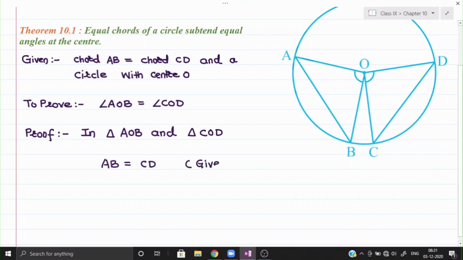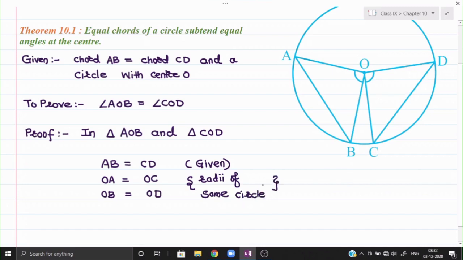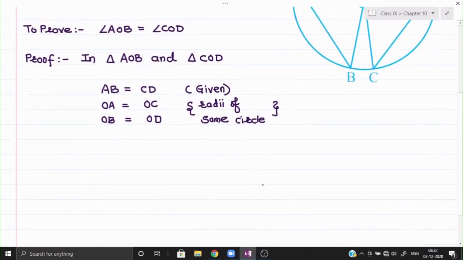Second, OA is equal to OC and OB is equal to OD, because these are all radii of the same circle. So we write down radii of same circle. This completes the reason for both of them, because OA is a radius and OC is also a radius, so they both will be equal. Similarly, OB and OD will also be equal.